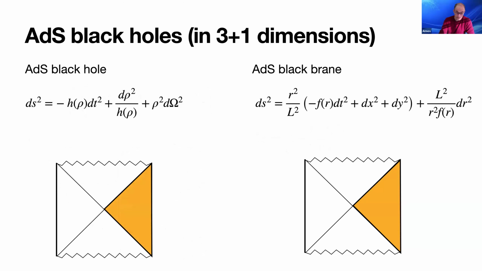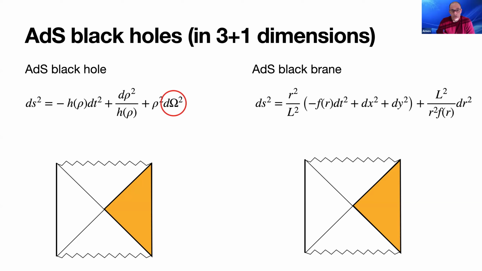There's this black hole, where we started off in coordinates that cover the entire space-time, and then we got a black hole in that coordinate system. Or we could start with this coordinate system where we just look at a patch and then consider a black hole there, and we get a different black hole. The reason they're different has to do with the extra coordinates that are not associated with the time and the radial direction.